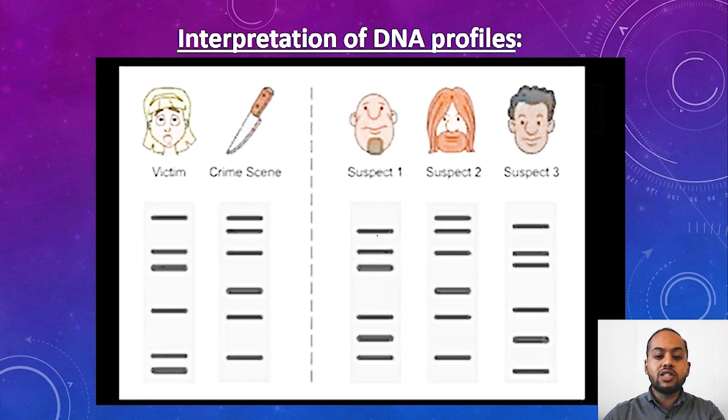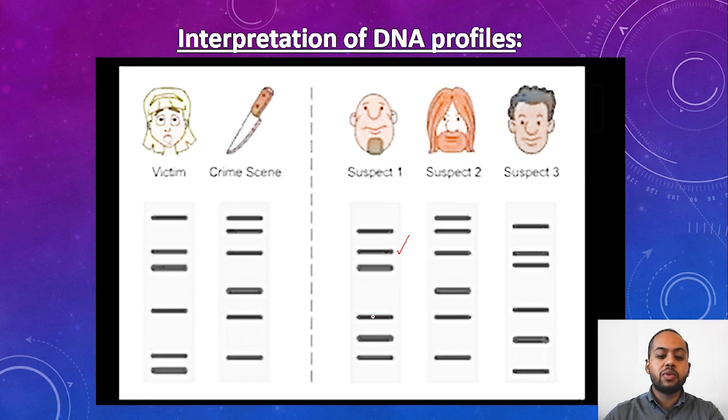If we look at the first bar of suspect 1, we see that it only matches the crime scene, but it does not match the victim. Therefore, we ignore that bar. We go to the second one. You notice that this bar matches the crime scene and the victim, so I can place a tick on that one. If I go to the next bar, it only matches the victim. I can't take that.